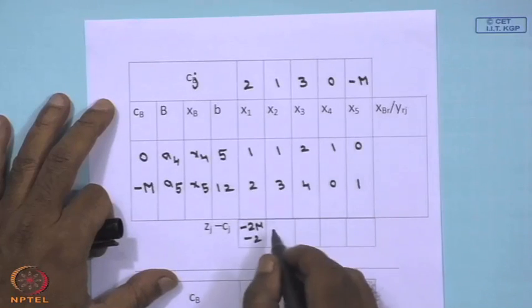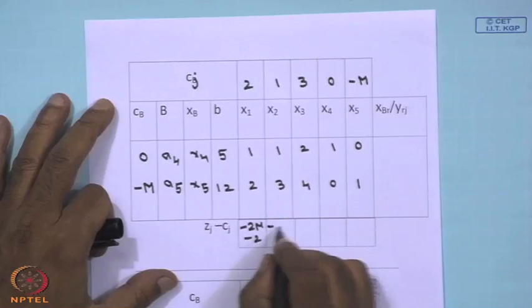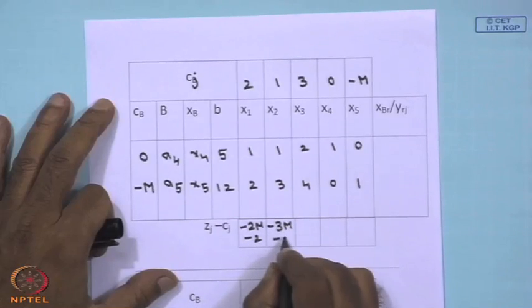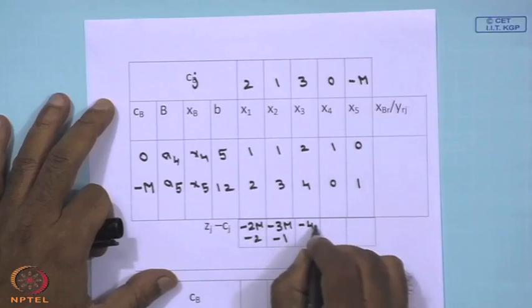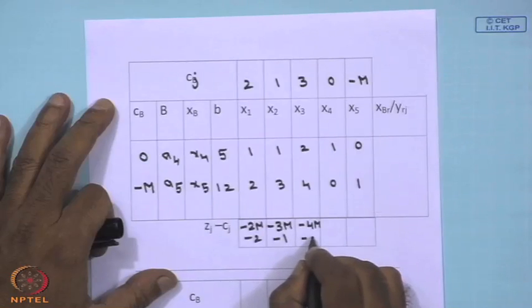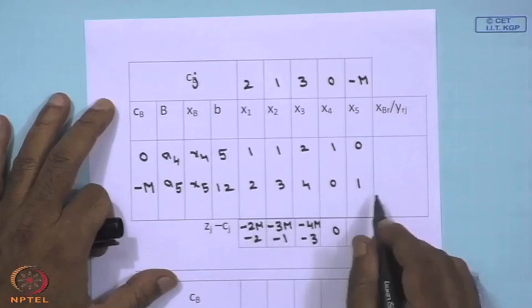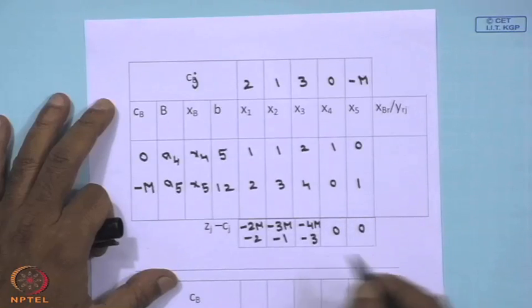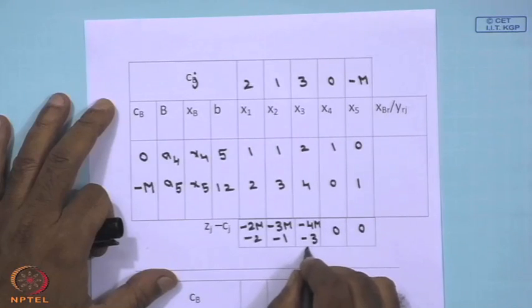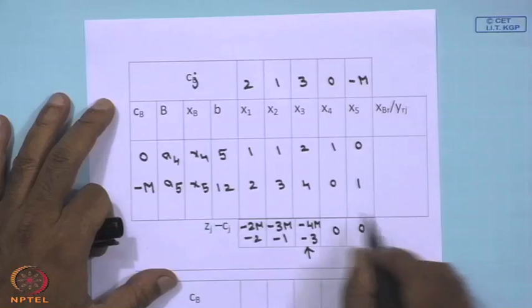The next one similarly is minus 3M minus 1, the next one is minus 4M minus 3, then it will be 0 and the next one is 0. Therefore, the most negative one is this one, so the entering vector will be x 3.